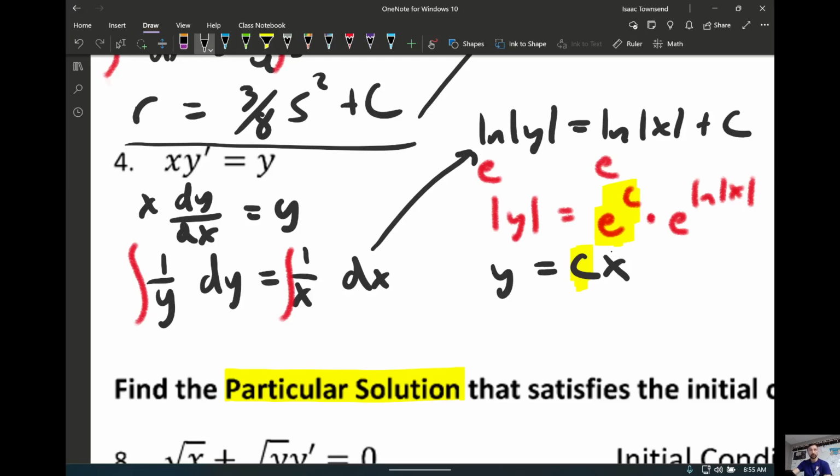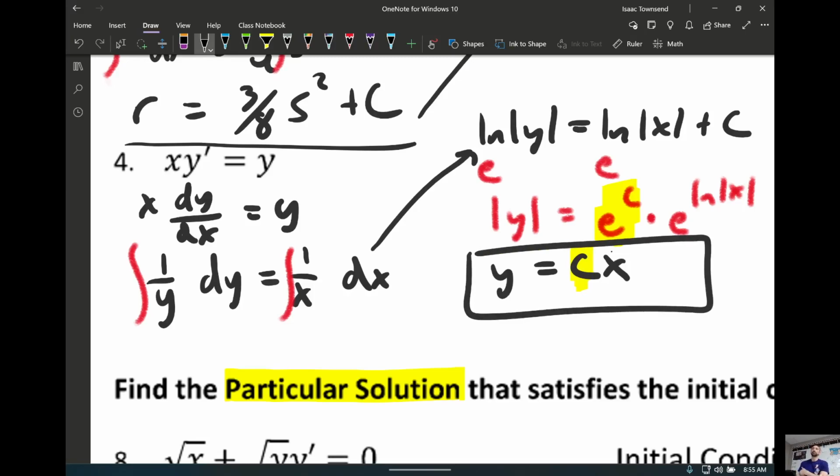I know the number e, but if I don't know what you're raising it to, this is still just an unknown number to me. So we would just call it c. That's the answer to that question. Just like if it was c times 2, we're still going to just call it c. An unknown number times 2 is still an unknown number. It's not the same unknown number, but it is an unknown number.